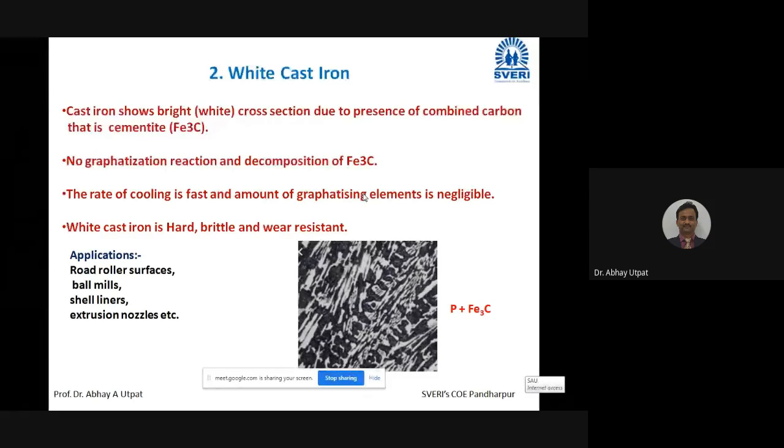Can anybody tell what is the meaning of ball mill? Who will tell? You should understand the meaning. What is ball mill? Okay, what is your understanding of ball mill?